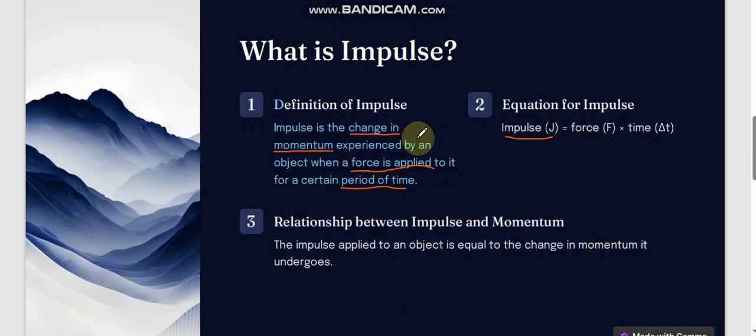The definition talks about the force applied, and the equation also has a force applied. Then it says for a certain period of time, mentioning time, and the equation also has the quantity of time. So the definition really does support the equation. Okay, and then here they're telling us about the relationship between the momentum and the impulse.